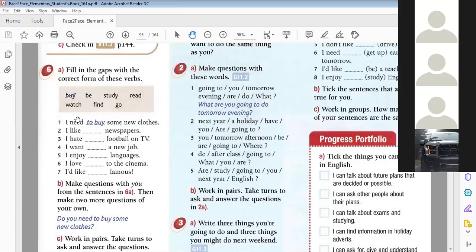Exercise 6. I like to read the newspaper. Okay. We were following the rule.